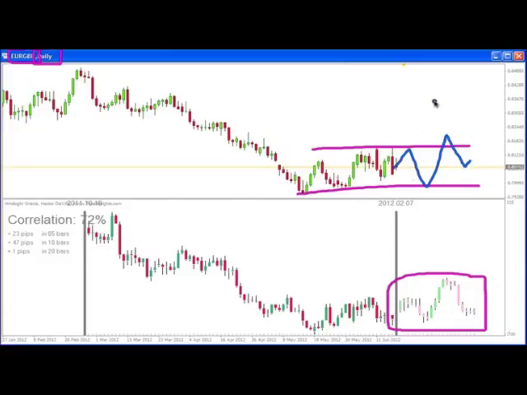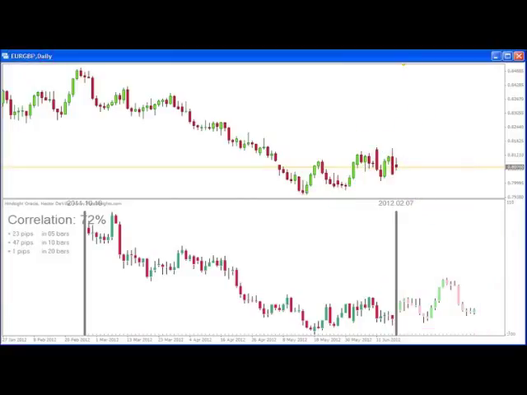Okay, so if you see this type of situation, my advice is simply search for trading opportunities somewhere else, and that's a problematic trade that the Hindsight Oracle indicator has kept you away from.